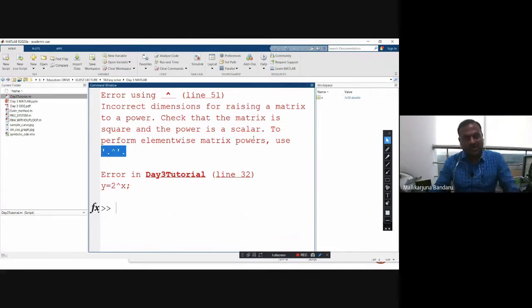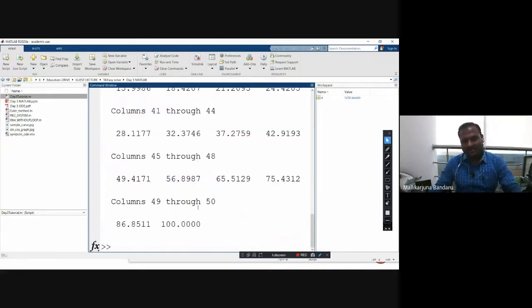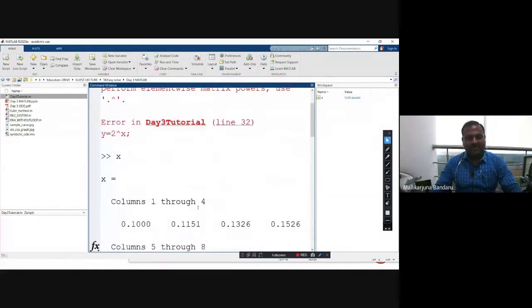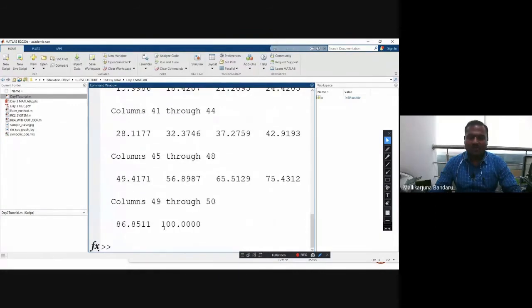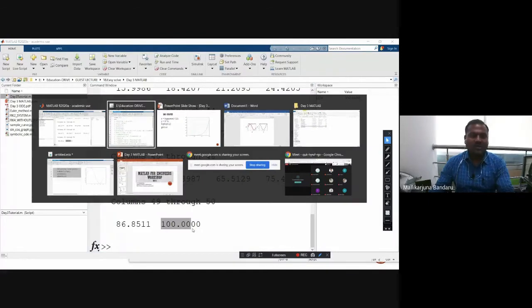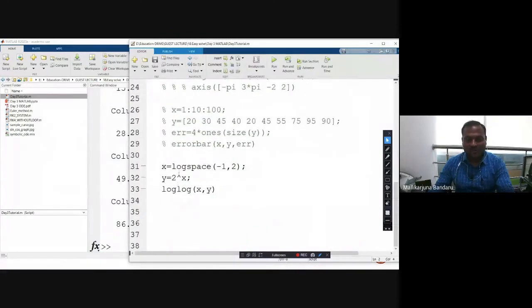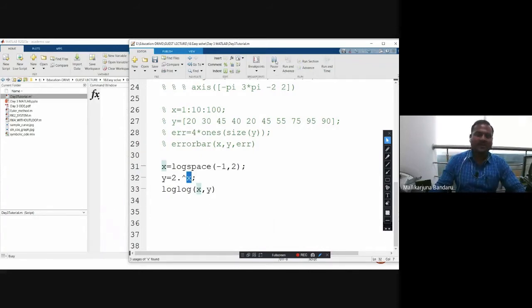That is right, because observe here, once I type the x value, x is a vector from 0 to 100. But once we type y is equal to 2 power x, that means it is element-by-element power. That's why we should take dot caret. If you are not giving a dot, because x is a vector, that's why it is showing the error. Once we run this file, see here, now we will get a curve.